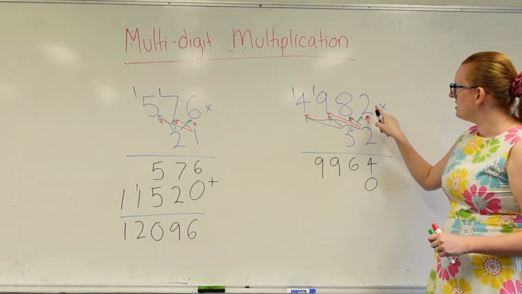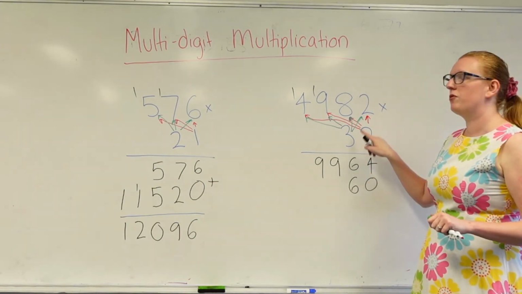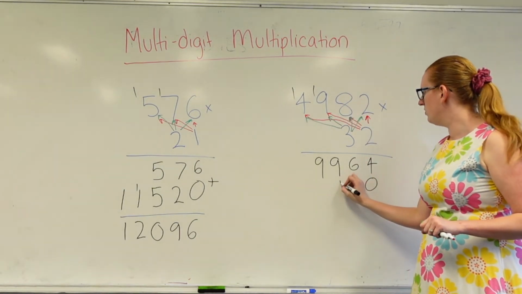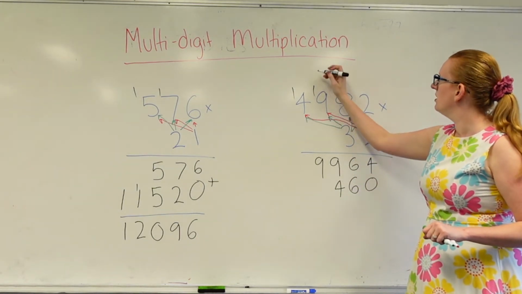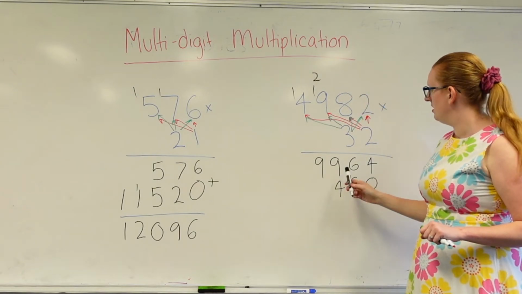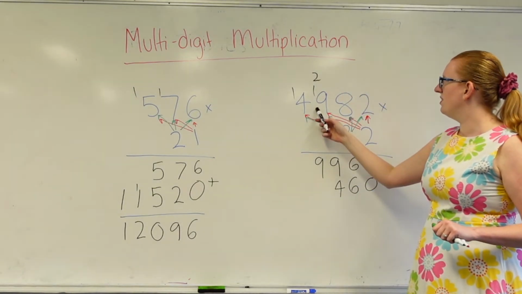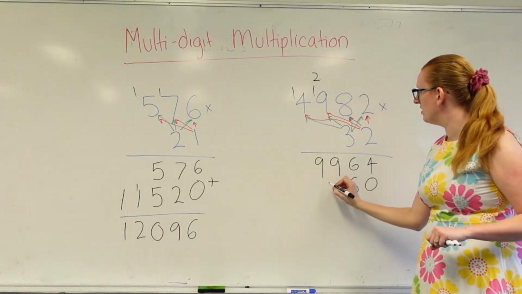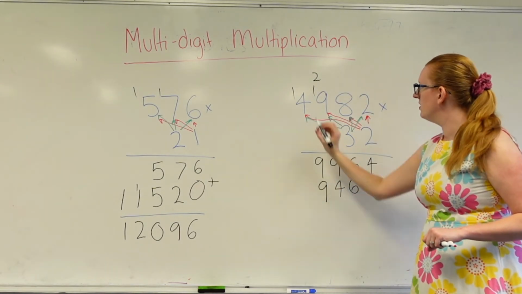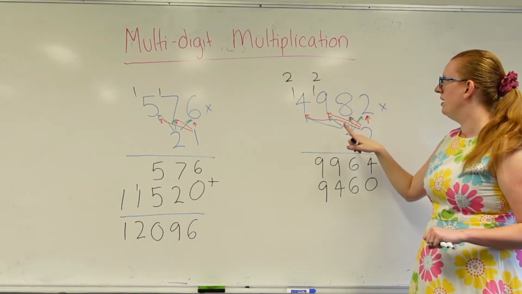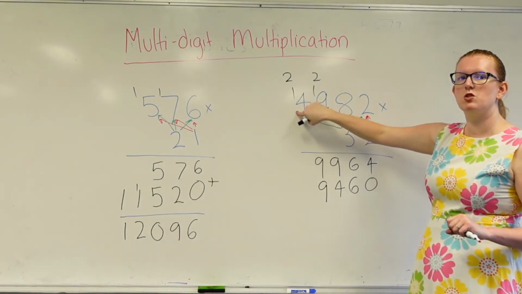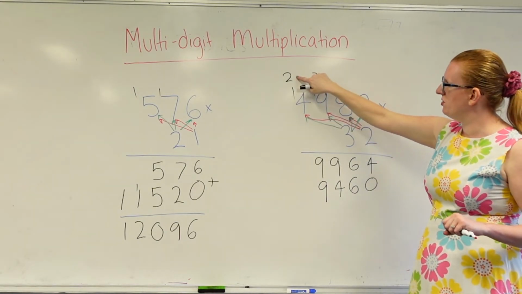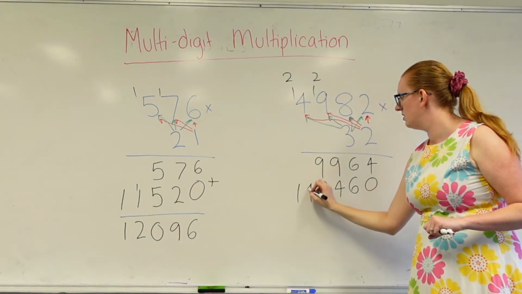So now, 3 times 2 is 6. 3 times 8 gives me 24. And I'm going to carry the 2, so I'm just going to write it up top here. So now I've got 3 9s are 27, but I need to add those 2, so it becomes 29. I'm only going to put down the 9, and I'm going to carry that 2. So now I've got 3 4s are 12, and I'm going to add that 2, so it becomes 14.